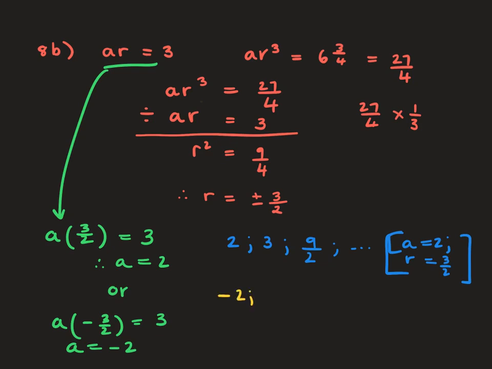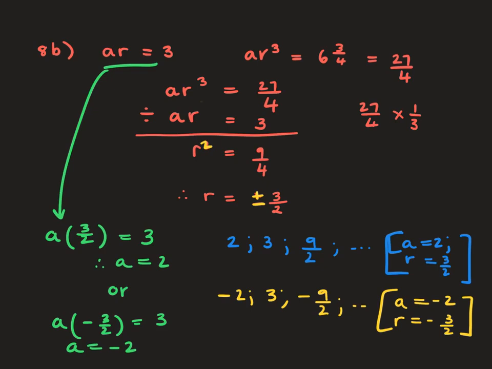So then it's going to be negative 2 times negative 1.5. That will give me 3, 9/2. So this pattern is when a is minus 2 and r is minus 3/2. All right, so just be careful, because the exponent was even, we get the 2 solutions for your constant ratio r.